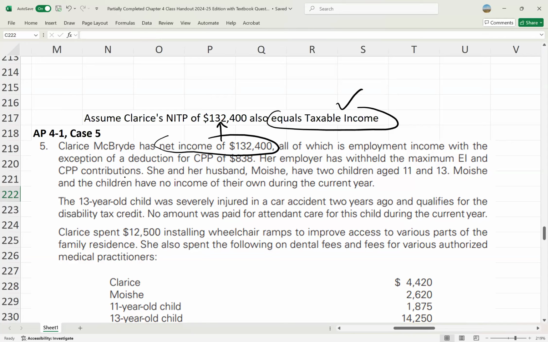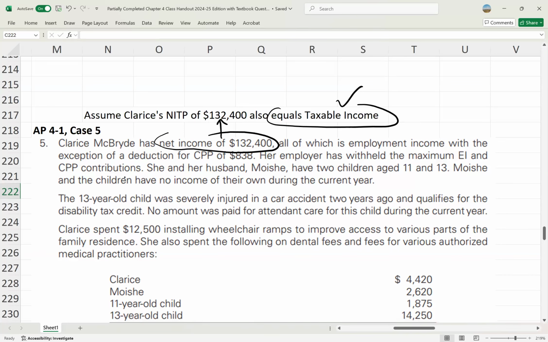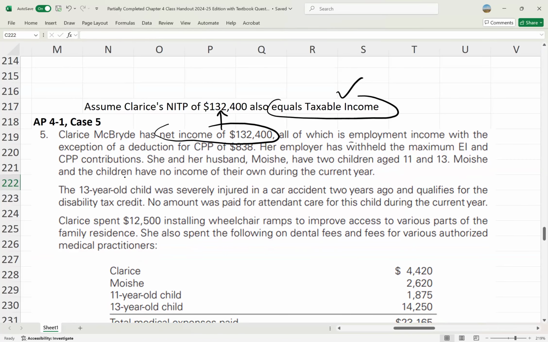Our goal then is just to figure out basically what Clarice's non-refundable tax credits are, and then what her taxes payable will be after those non-refundable tax credits. If we continue on, all of her income is employment income, except for the deduction of CPP $838.